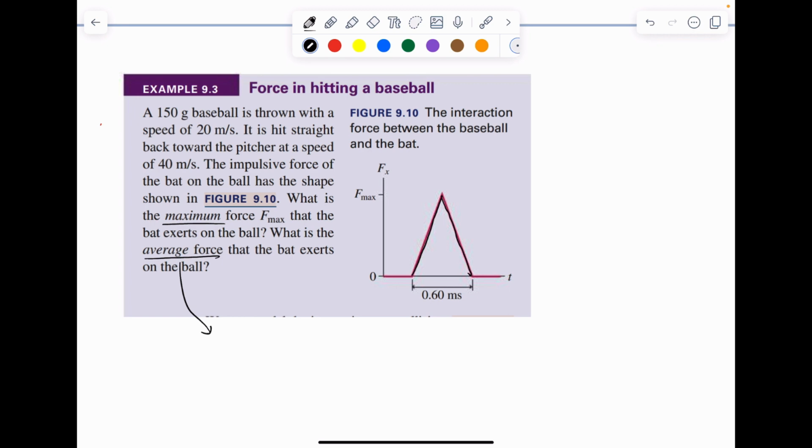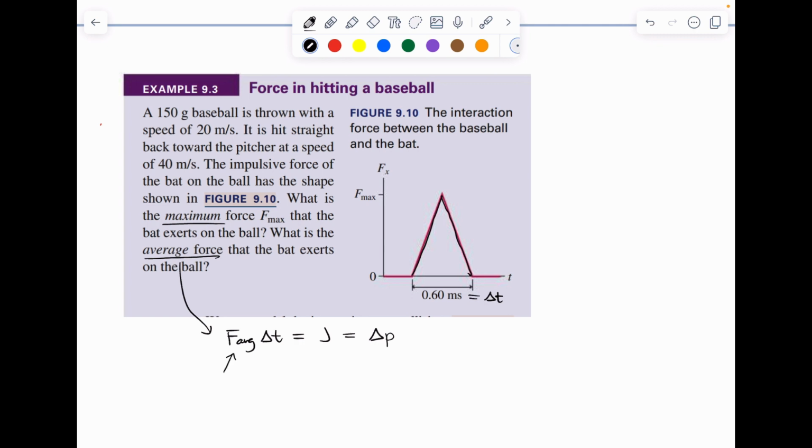When you see average force, we might even be able to answer that question first, because if the force is changing over time, the average force times that time interval is equal to the impulse. We remember that this is also equal to the change in momentum. So if we can find the change in momentum, and we have the change in time, we can find that average force.